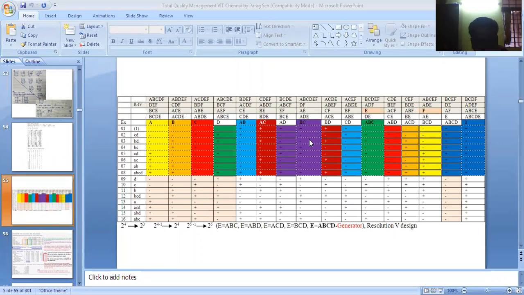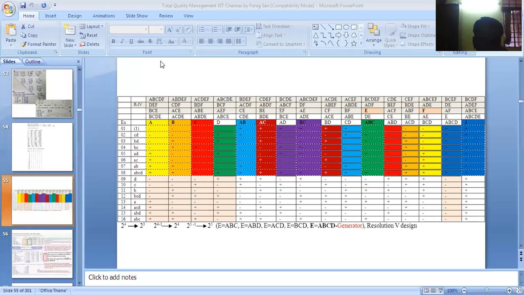Usually it is not desired that you put one main factor with a two-factor interaction effect. Any main factor should not confound with two-factor interaction effects.